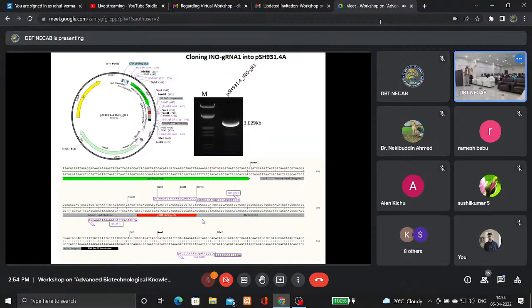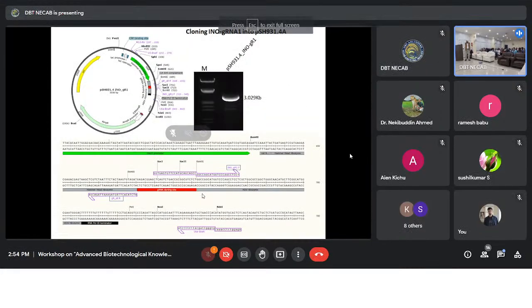This is the guide RNA 1 forward primer, and this is a reverse primer. When we did the whole PCR, we got a PCR product of the whole plasmid that we have amplified, along with my guide RNA.